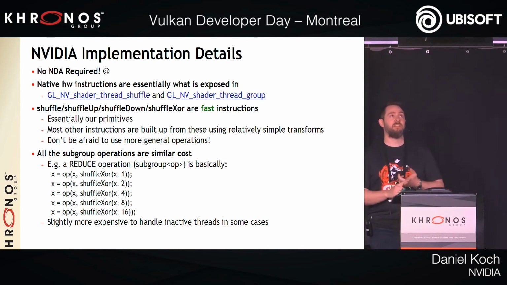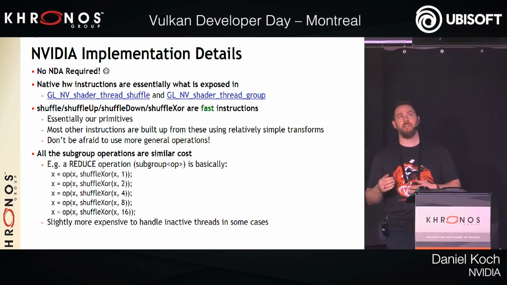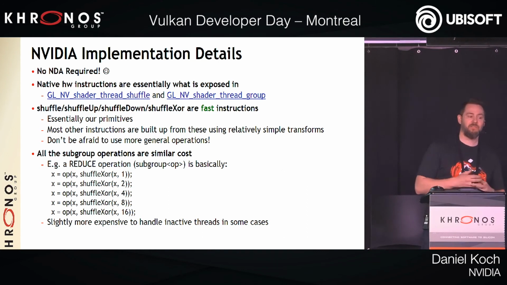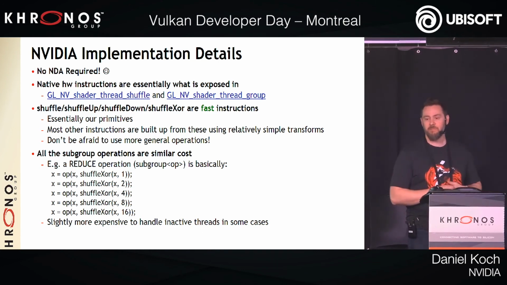Basically, we've got native shuffle, shuffle up, shuffle down, shuffle XOR instructions, and they're fast instructions. So those are basically our primitives that the other subgroup operations are built up of via relatively simple transforms. So, on NVIDIA, don't be afraid to use the shuffle operations, because that's what we're using for everything else. So if your algorithm can use the more general shuffle ones, go ahead and use them.